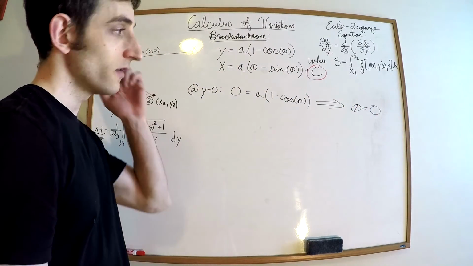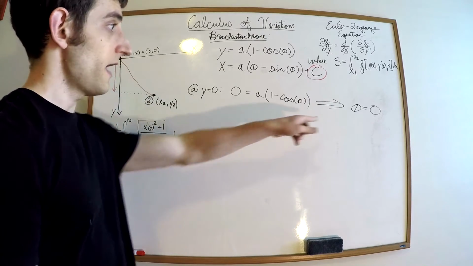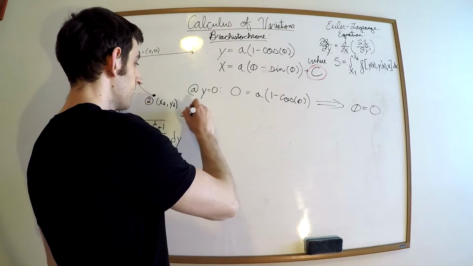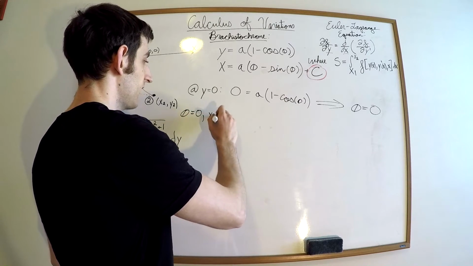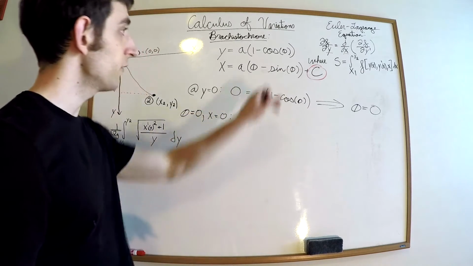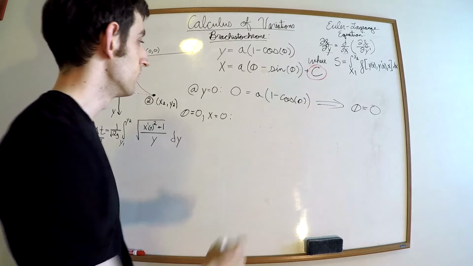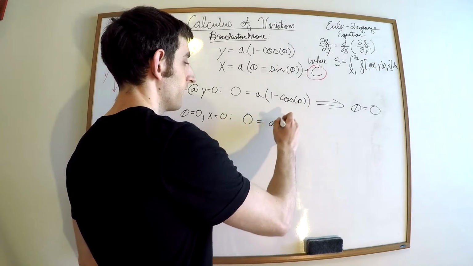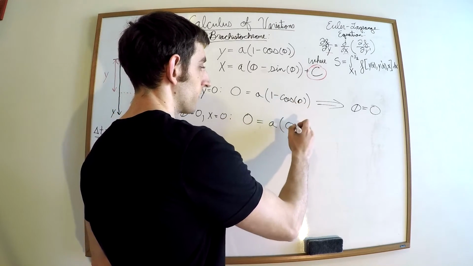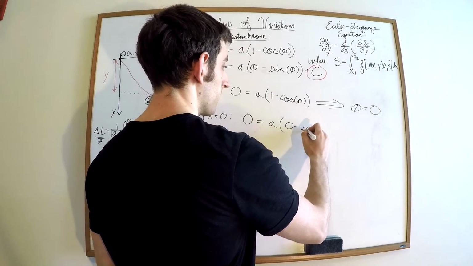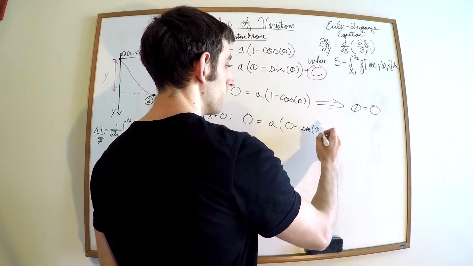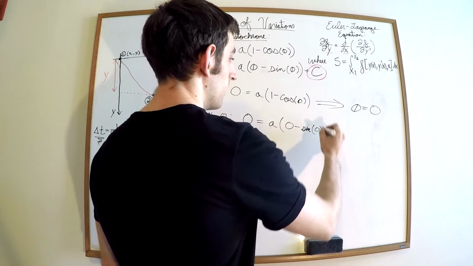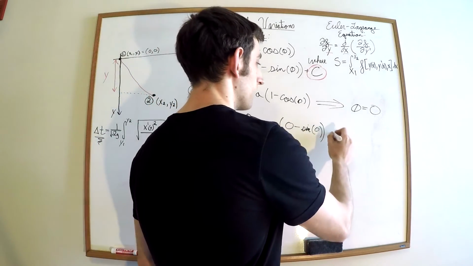Okay, so at theta equals 0, x also has to equal 0. So theta equals 0, x equals 0. Then we can solve for this guy. So we plug in 0 for x, has to equal a, and plug in 0 for theta, so it becomes 0 minus sine 0, plus a constant.